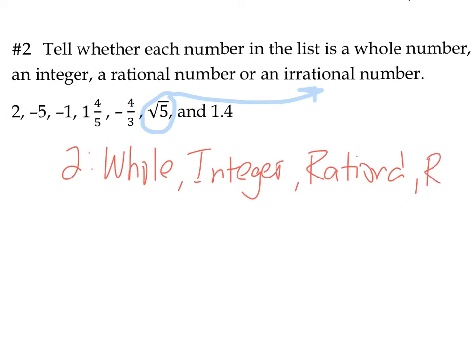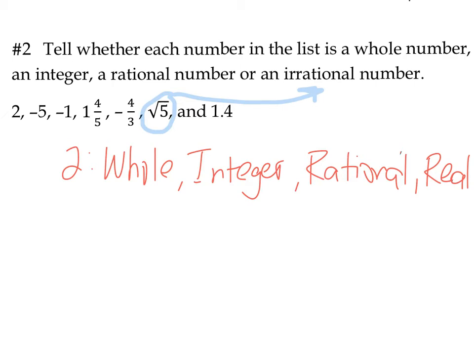And it's a real number. So I got a little sloppy there. Then rational and real. We can maybe get that a little more clear there for us. So rational and real. Every whole number will also be an integer, a rational number, and a real number.